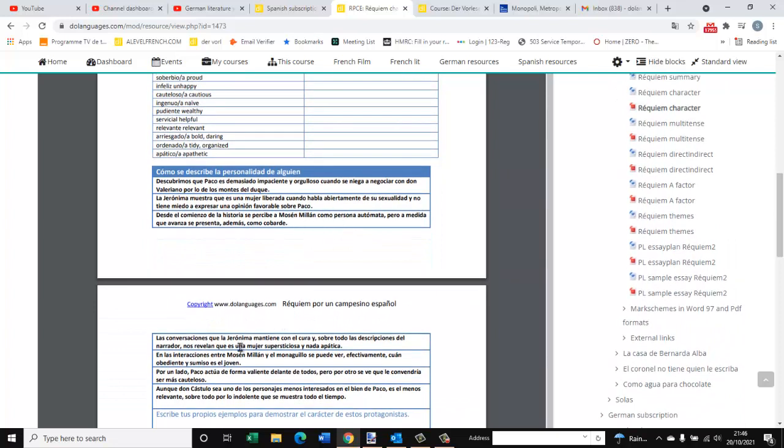And then we also give some ways of putting the adjectives into sentences in an elegant way.